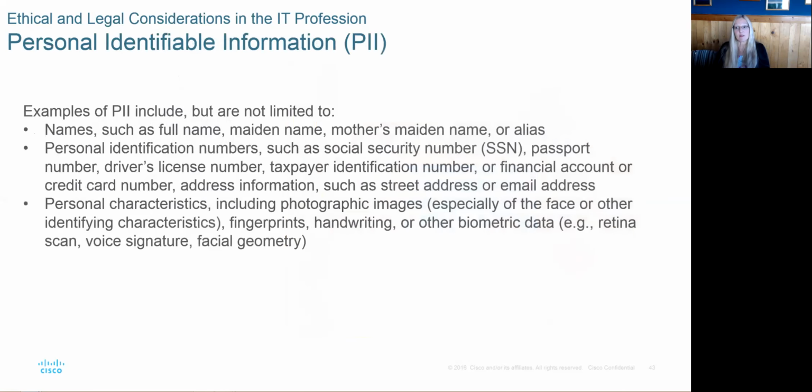But there are lots of legal and ethical considerations. Personally identifiable information: names, maiden names, aliases, social security numbers, passport numbers, driver's license numbers. You know all those stupid quizzes like, what kind of Lord of the Rings character are you?